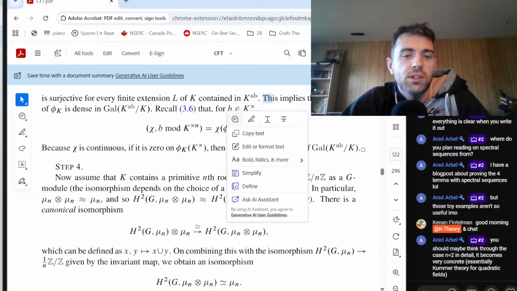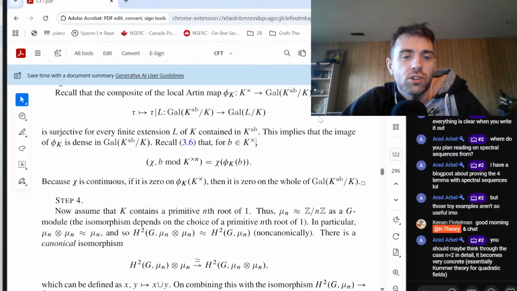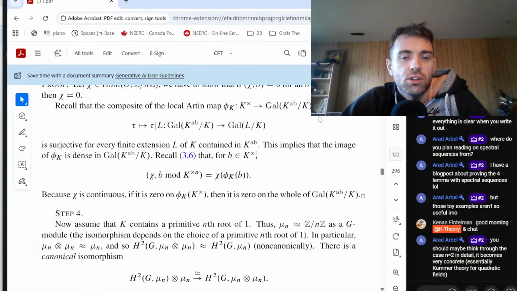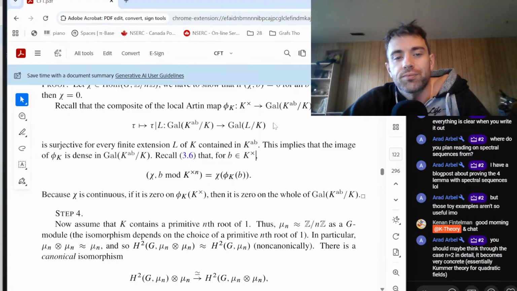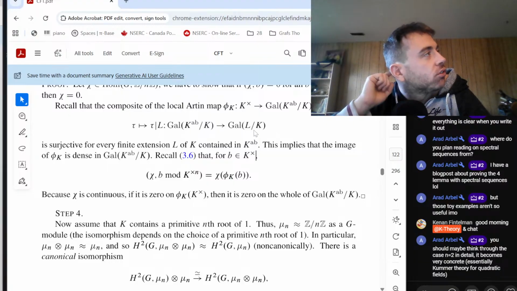Okay, why does this mean that the image is dense? The image of phi k is dense. I mean, vibes based, it makes sense, right? If this composition holds for all the finite, all of these compositions.